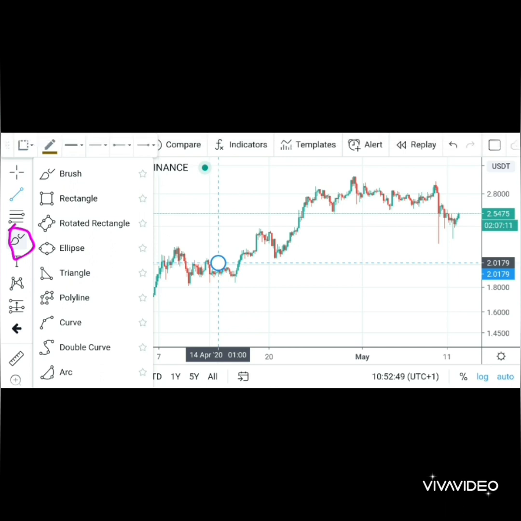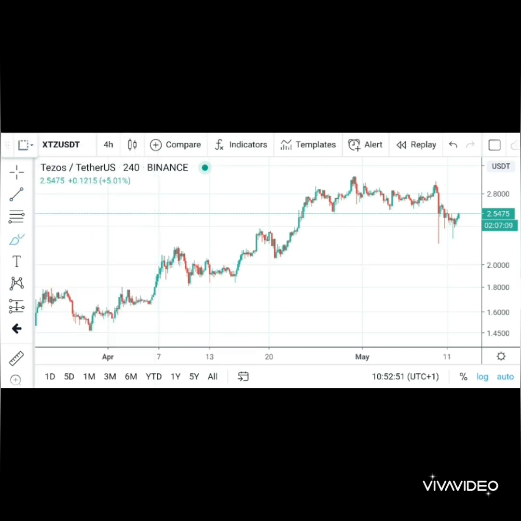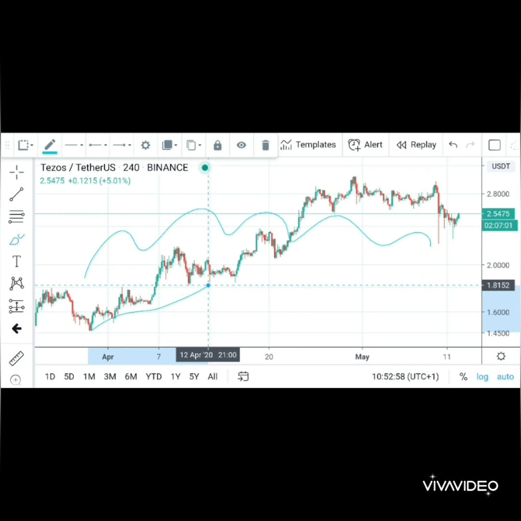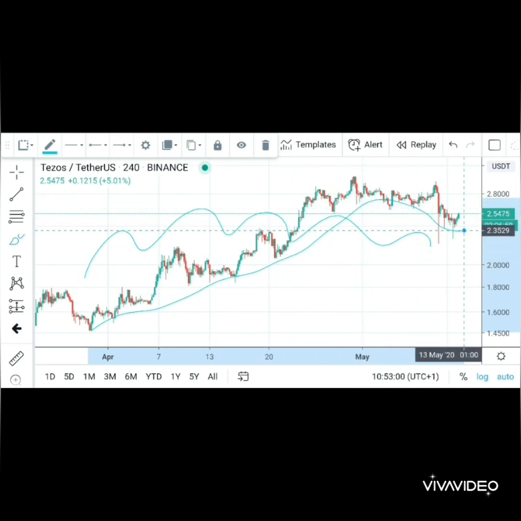So these are your drawing shapes. The brush actually helps you to draw lines like this. For example, I want to say, okay, this thing is moving like this. So you see it.